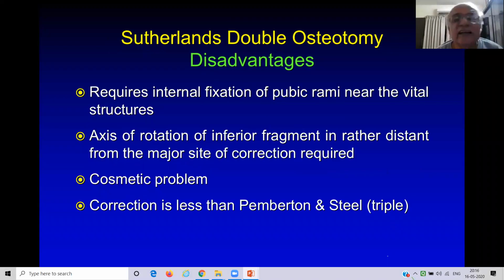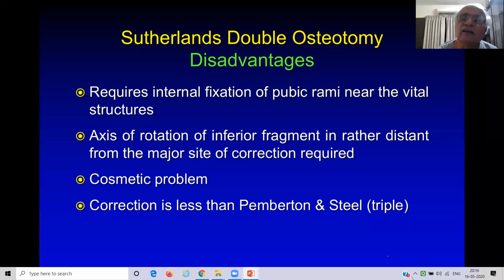It requires internal fixation for the pubis because you are going to take out the segment. So you will require fixation on the pubis also, and on the Salter side also. Axis of rotation of the inferior fragment is rather distant from the major site. So again, the hinge is not very close like in Pemberton.